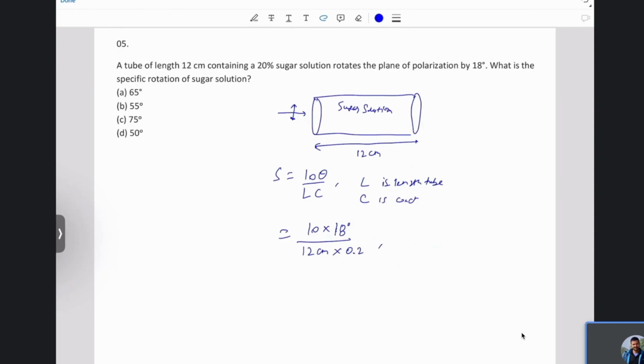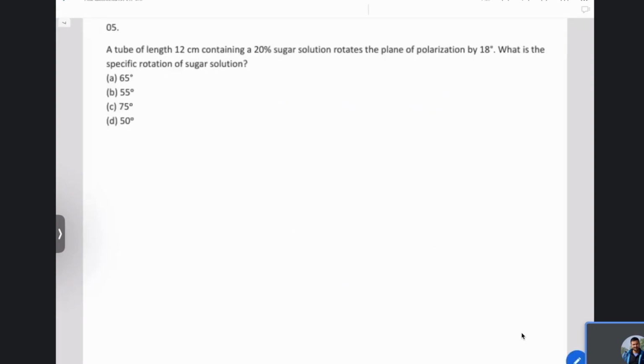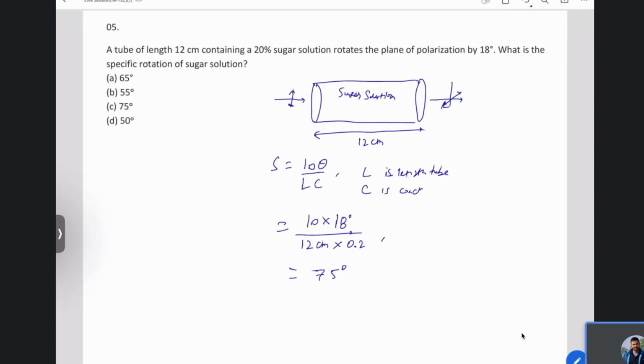Gram per centimeter cube, correct? So if you perform this calculation, you will get the answer as 75 degree. So this light after emission will be rotated by 75 degree from the original direction.